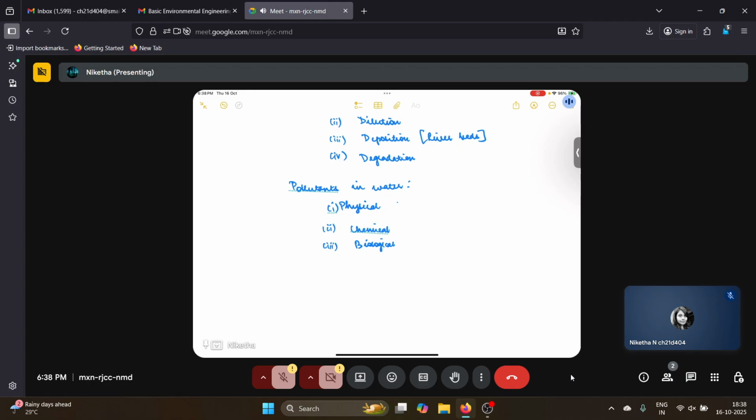So physical pollutants can be suspended solids which cause turbidity, chemical pollutants which could cause hardness, and other examples are heavy metals, and biological can be microbes or pathogens.